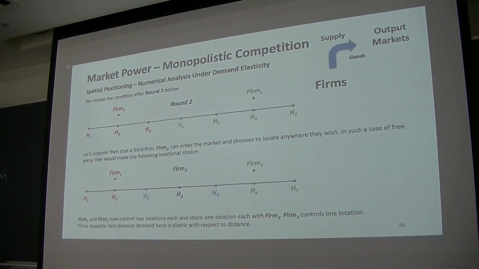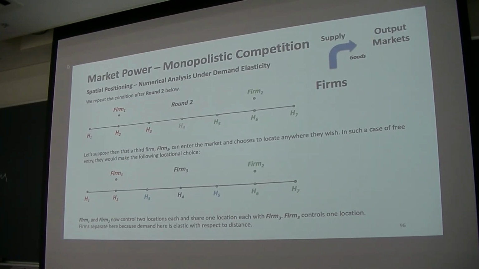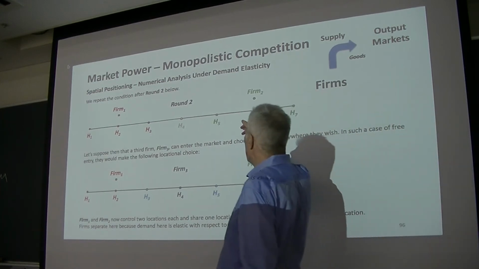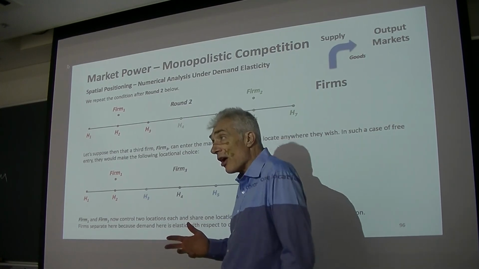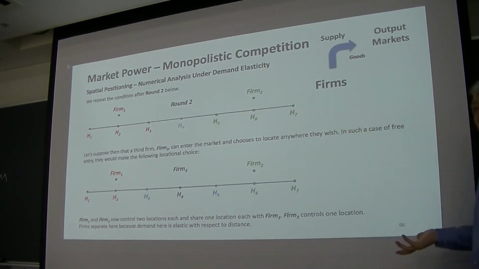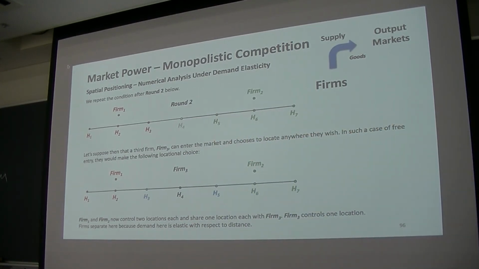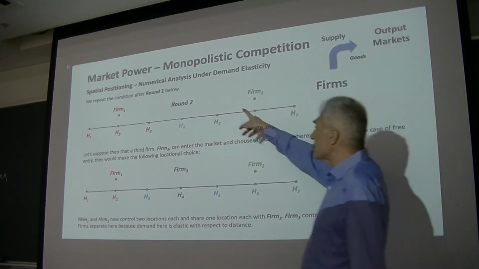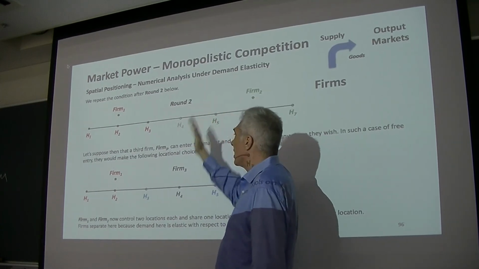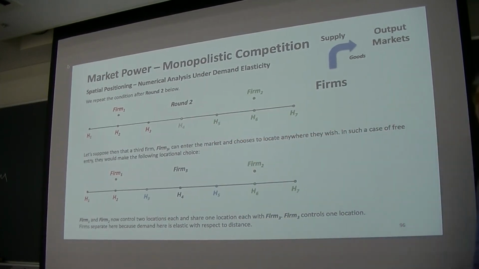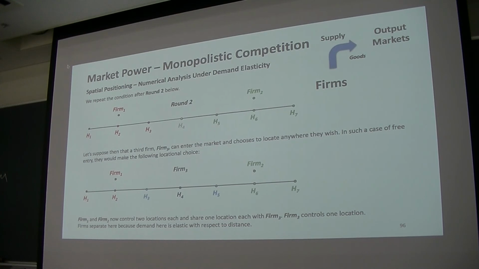They're indifferent to moving. So they can move or not move. They're not worse off, they're not better off. They could move, but it doesn't matter. So that is an equilibrium. And if they move here, it's still an equilibrium. It's what you call multiple equilibria. There's more than one, but it's stable. They can move, but it's stable.